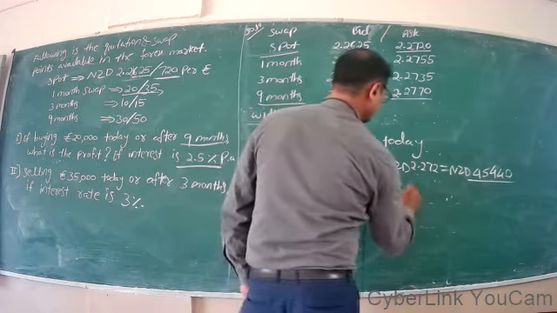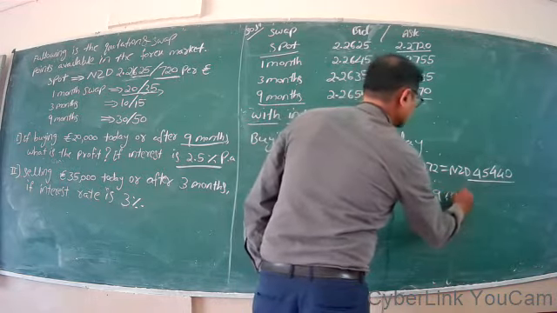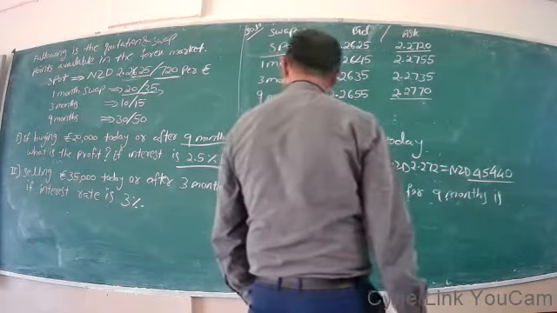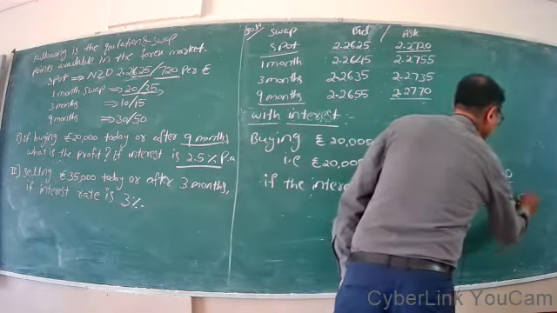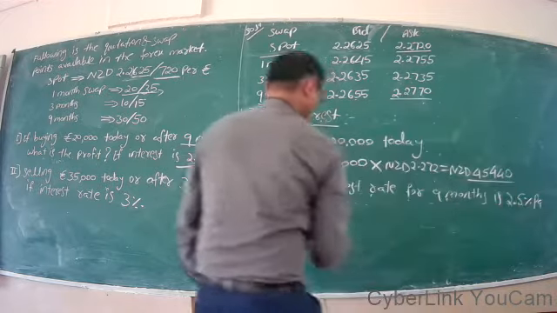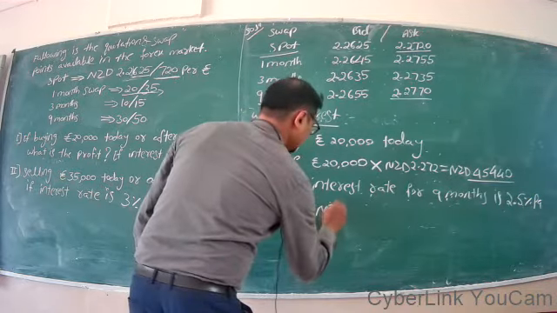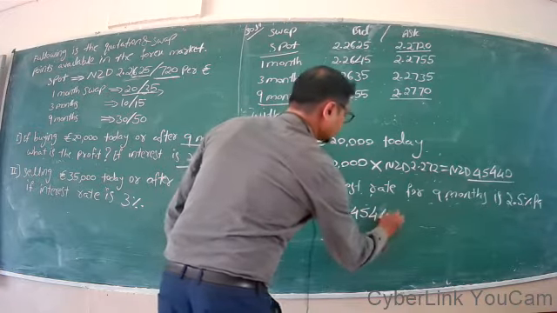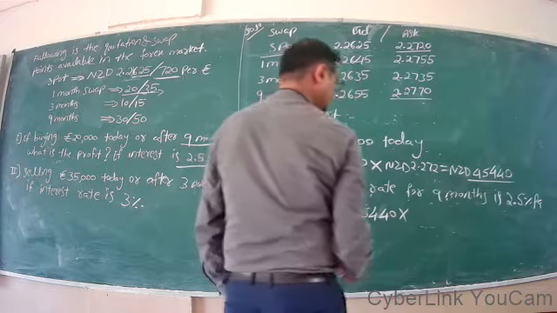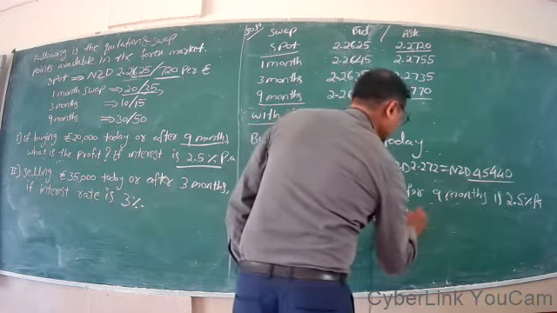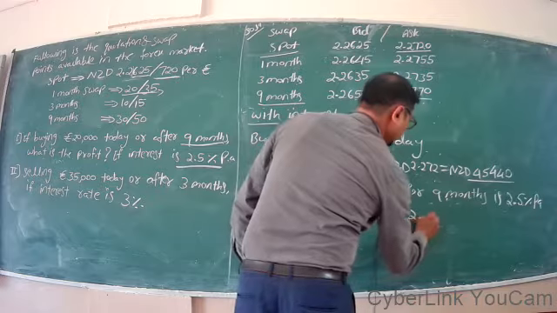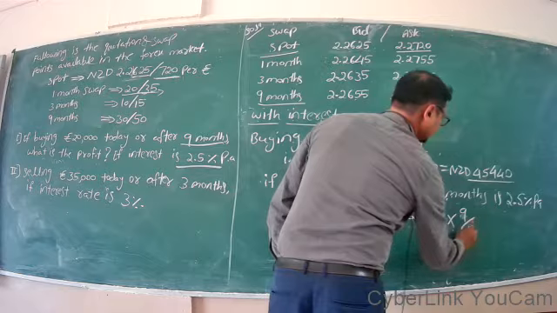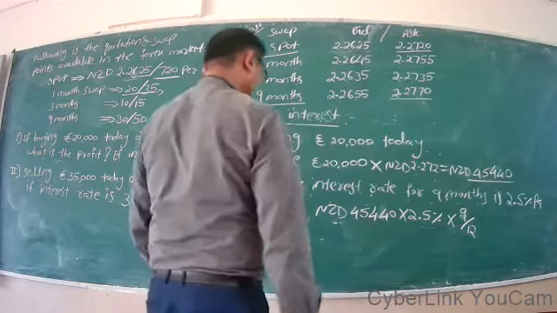If the interest rate for 9 months is given in the problem as 2.5% per annum, that becomes New Zealand dollar, you are borrowing 45,440, the required money, at the 2.5% interest rate, and that is for 9 months among 12 months in a year, right?